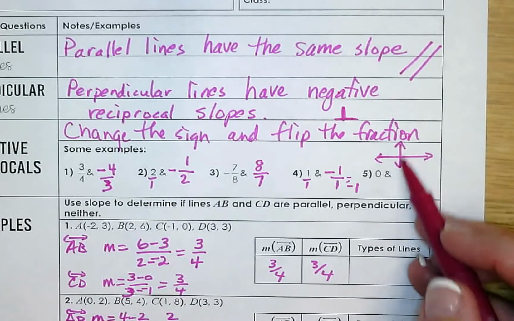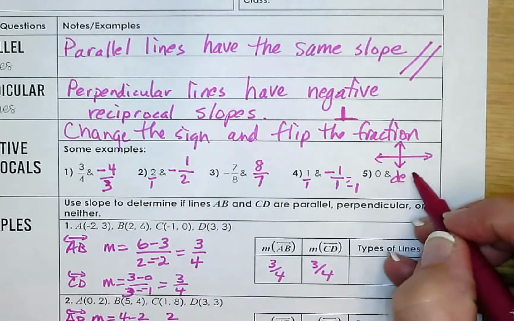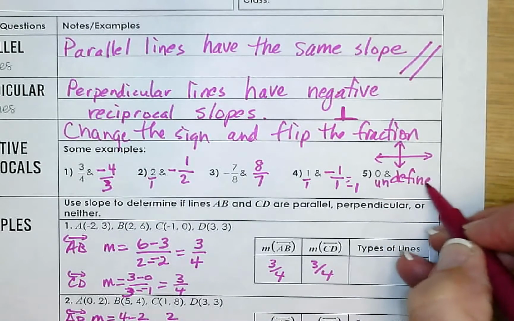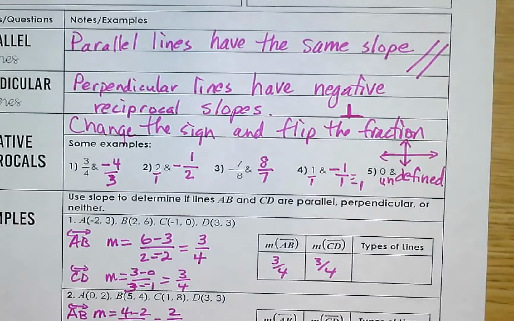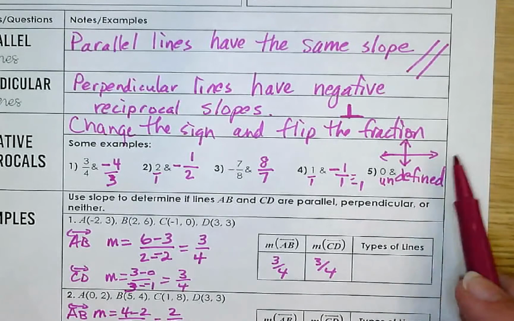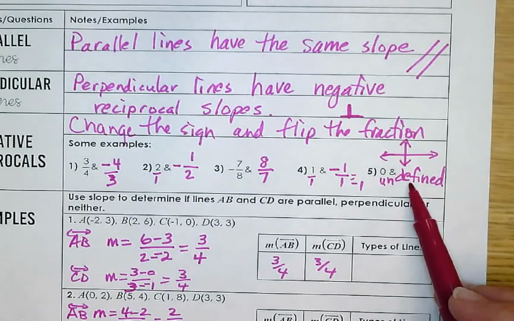The slope of any vertical line is undefined. So if I have a slope of 0 and a slope of undefined, those two are going to be perpendicular. If I have two lines and their slopes are both undefined, that's parallel. If I have two lines and their slopes are both 0, that's parallel. If I have one of each, that's perpendicular.